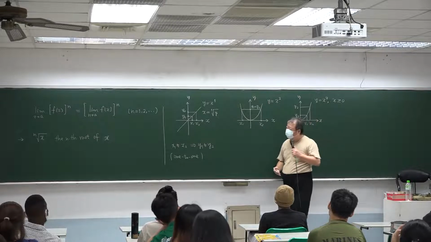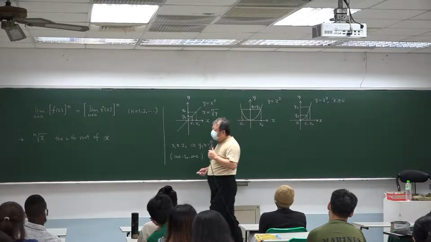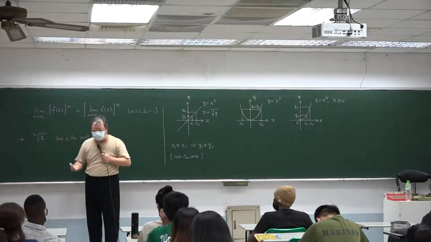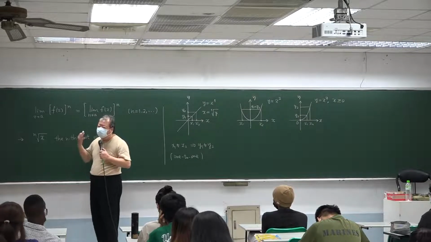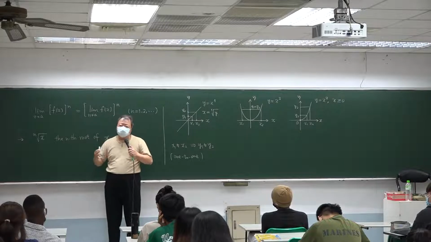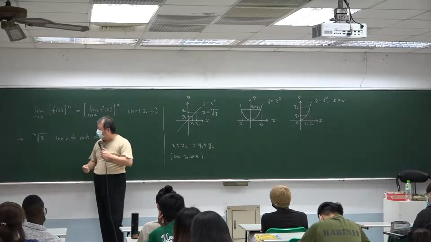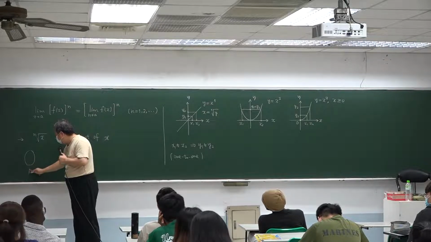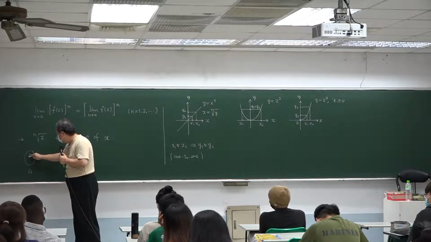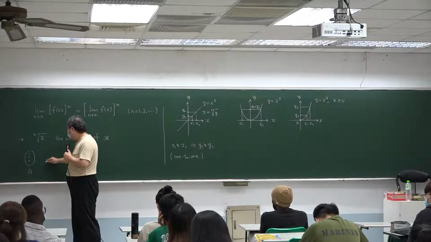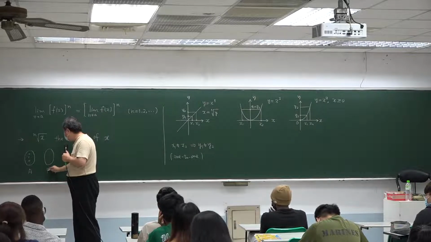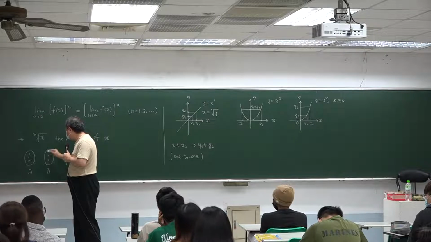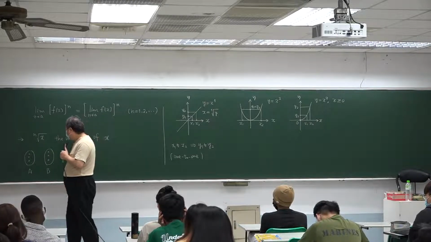When we are talking about relation, we mean, suppose we have a set. A set is a concept, a collection of objects. For example, the set A has 3 members. The set B also has maybe 3 members.